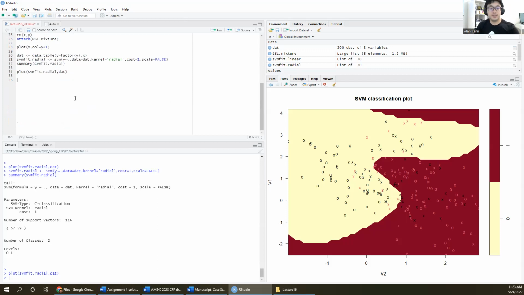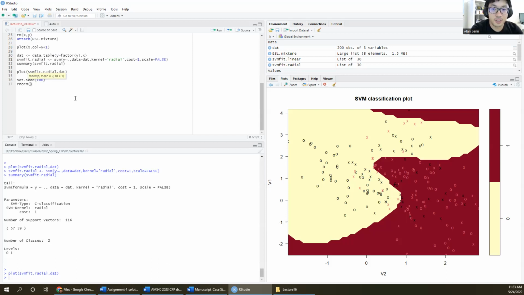And so this is the times when I would do this, or any time when I want to make sure that I'm getting the same sets of values out of my random draws.